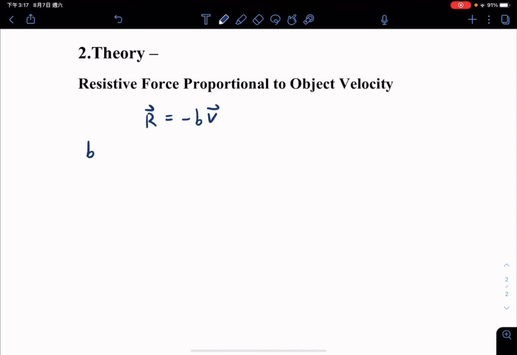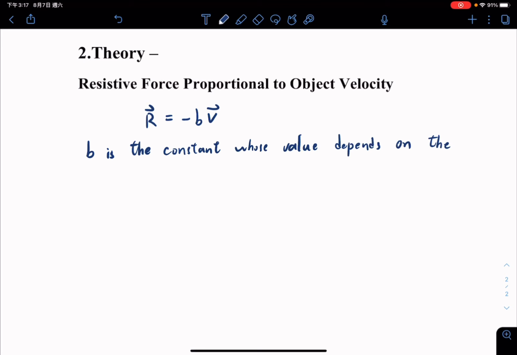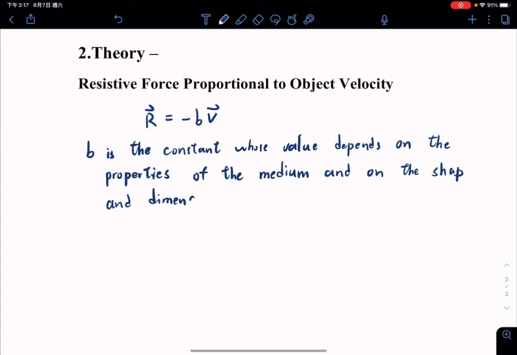Here b is a constant whose value depends on the properties of the medium and on the shape and dimensions of the object.